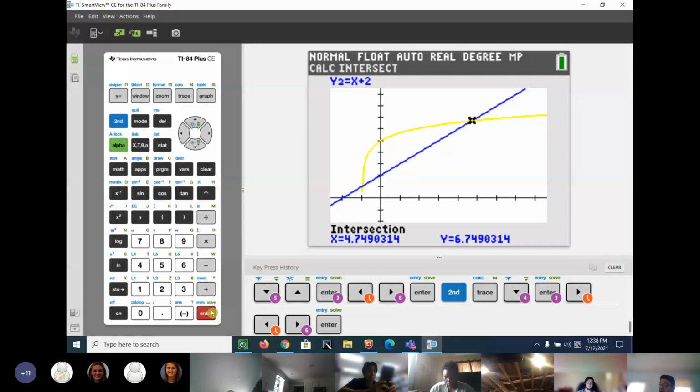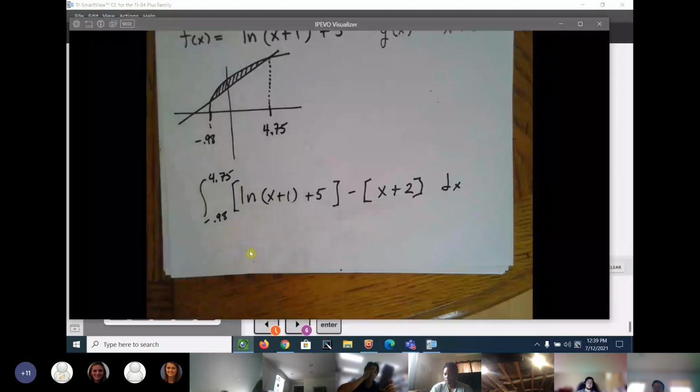I would just go ahead and say the antiderivative from negative 0.98 to 4.75 of the natural log of x plus 1 plus 5 minus x plus 2. And the only thing you're going to be able to do is distribute that negative, and you might be able to get rid of the 5 and the 2.